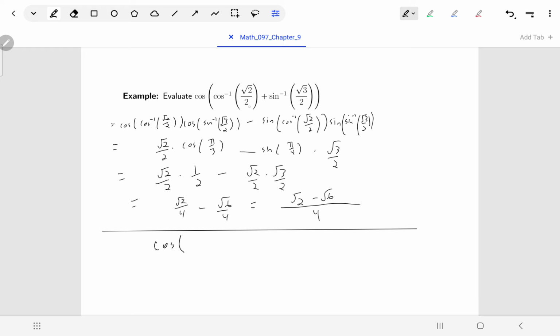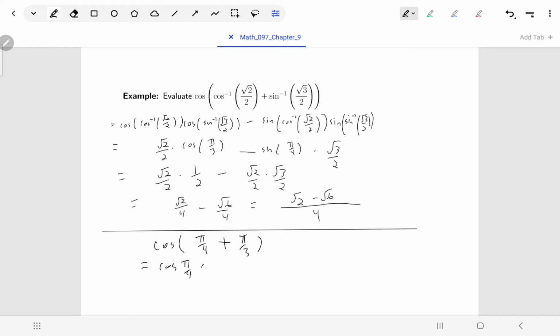So at the very beginning, I could have noticed for myself that cosine inverse of root 2 over 2, that's a nice angle, that's pi over 4. And that sine inverse of root 3 over 2, I could have again said, well, that's a nice angle, that's pi over 3. So really, what am I looking at? I'm just evaluating cosine of pi over 4 plus pi over 3. And now that's not a problem at all.